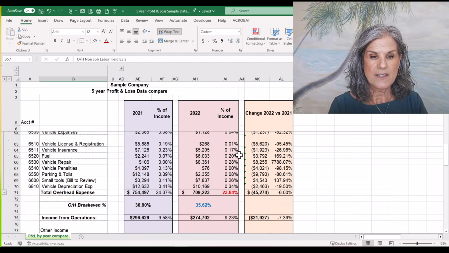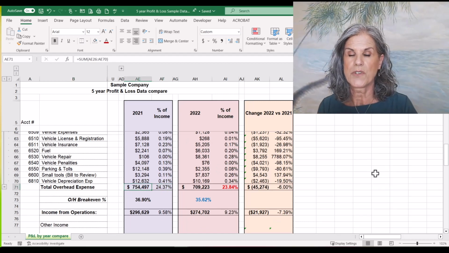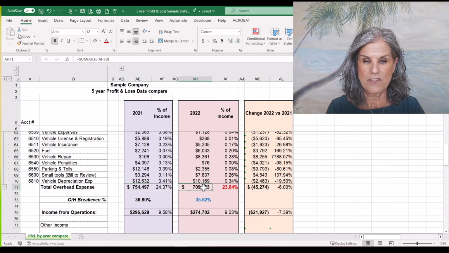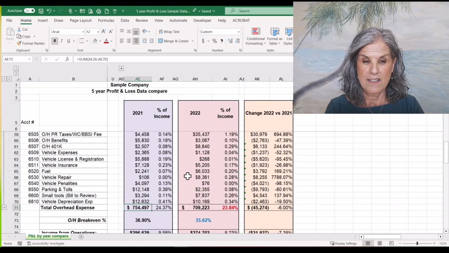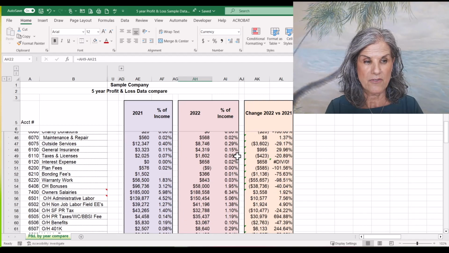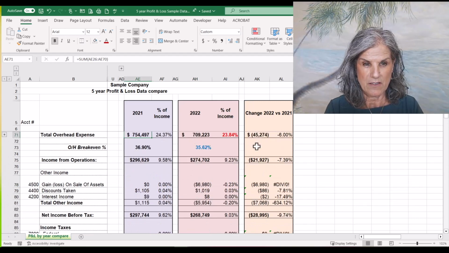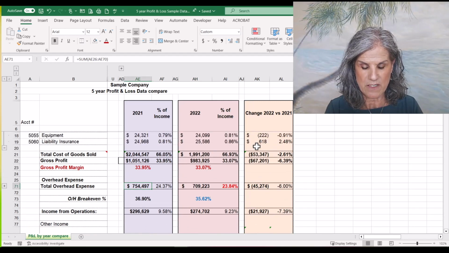So when I look at this business, it has an overhead cost of, 2021, $754,000, 2022, $709,000. So when I take your gross profit dollars and subtract from that my overhead costs, I'm going to collapse this a little bit so we can see the whole thing.